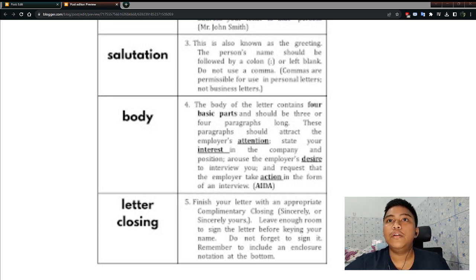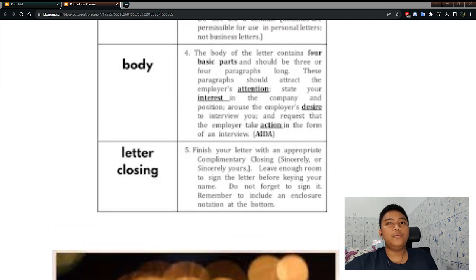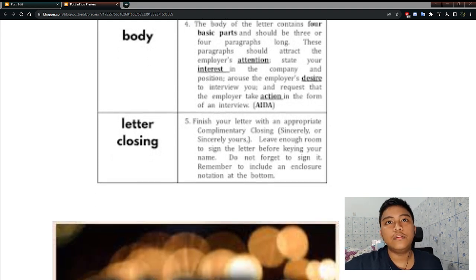It's obviously the body of the letter, one of the most important parts of the letter. And the last one is the closing part: finish your letter with an appropriate complimentary closing. It obviously says closing in it, so it's the letter closing.